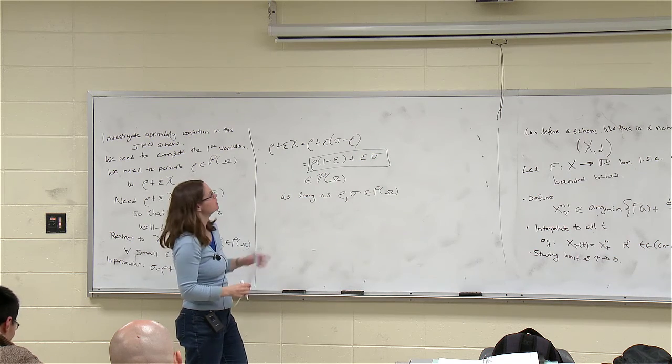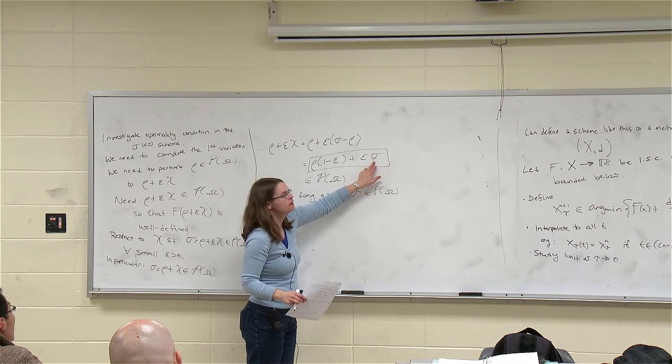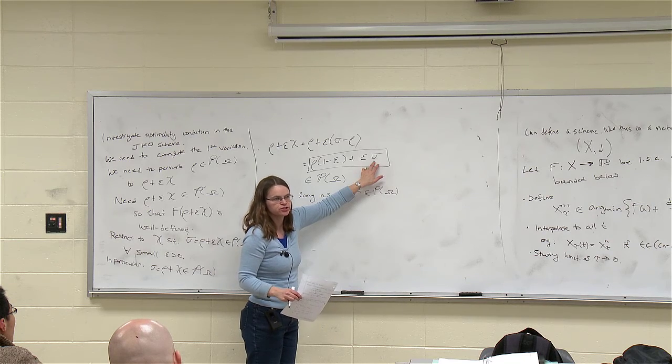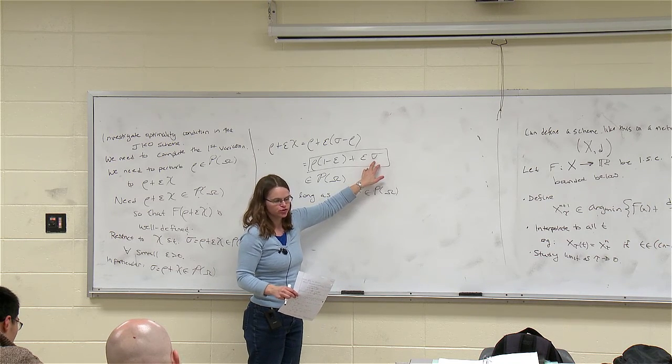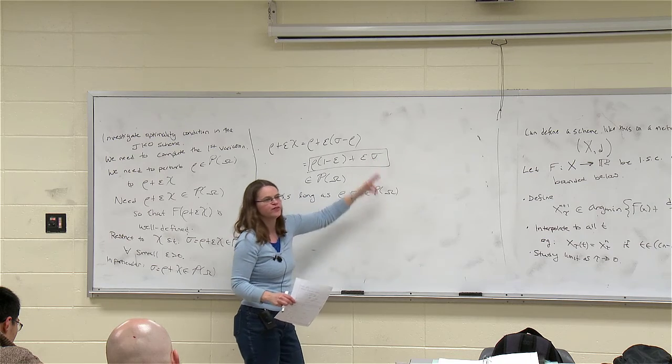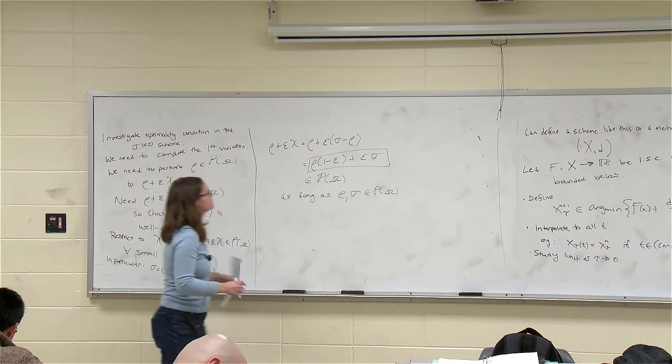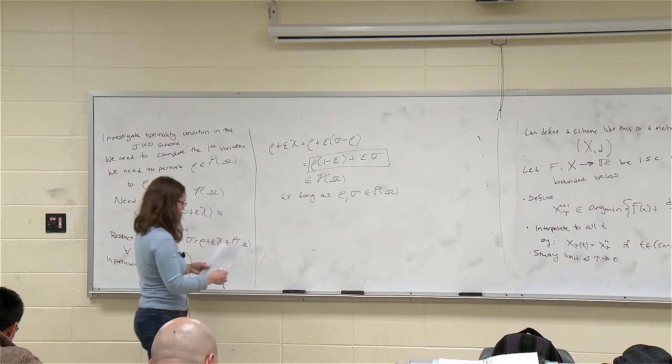So we perturb by a probability, but we can't just add epsilon times that probability because that's potentially going to destroy the fact that we're a probability. We have to average in this kind of way. We want perturbations of this form.